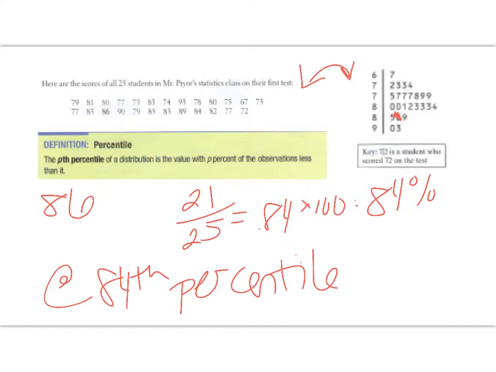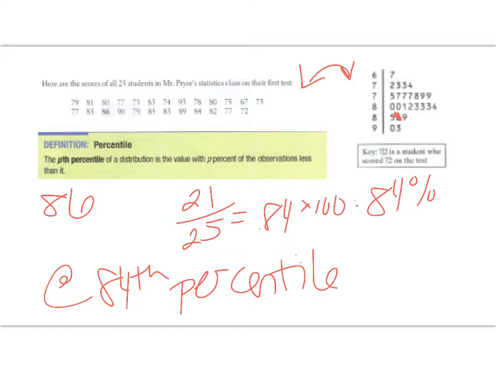So the girl in this example, her name is Jenny. If Jenny earned an 86, she got a higher score than 84% of the kids in the class. So she is at the 84th percentile. So this percentile tells her location in the distribution. Okay?